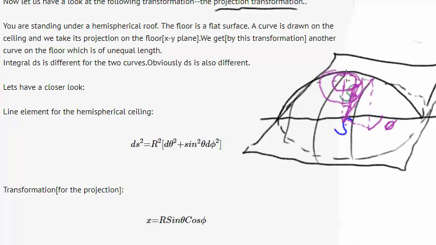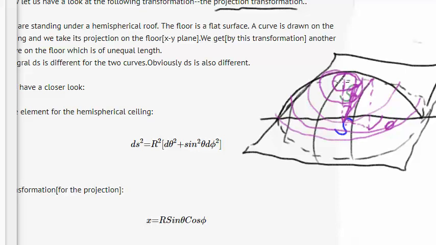So d phi would be different depending on where you are on your theta. So that's why there's a sine theta in there. Is that the same ds squared? Yeah, because sine theta is proportional to the radius of this circle.